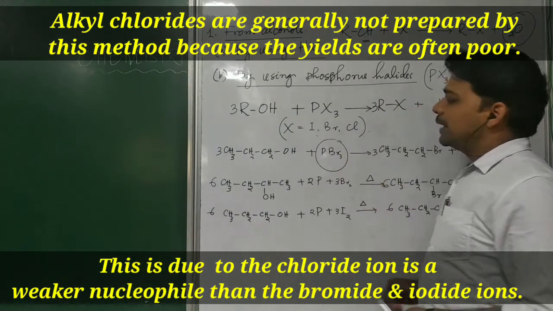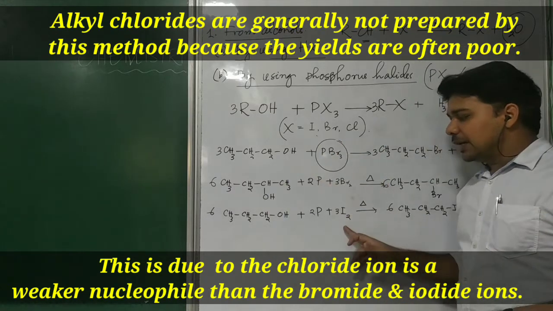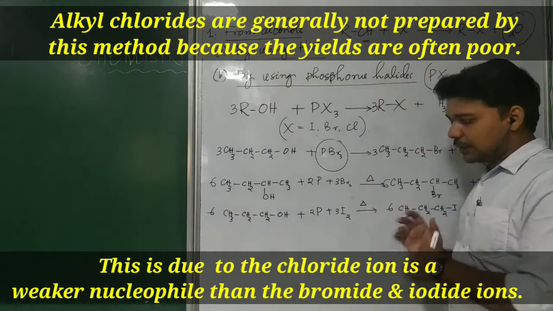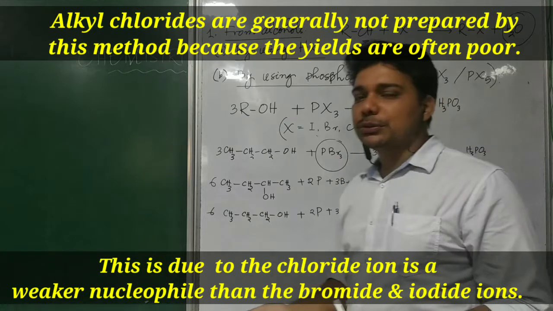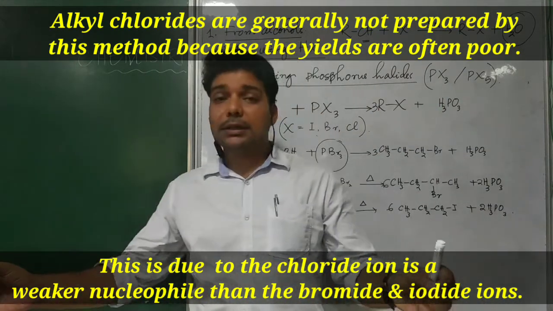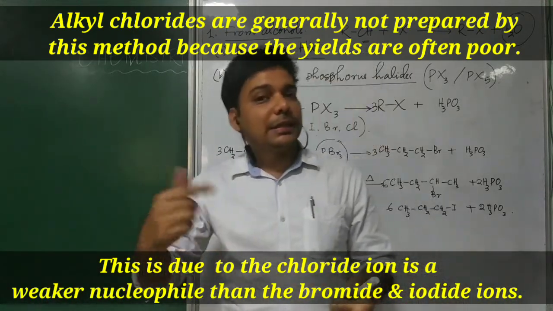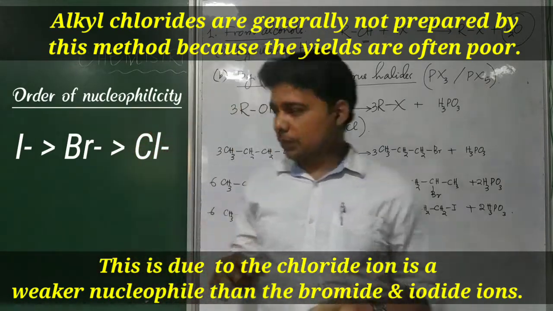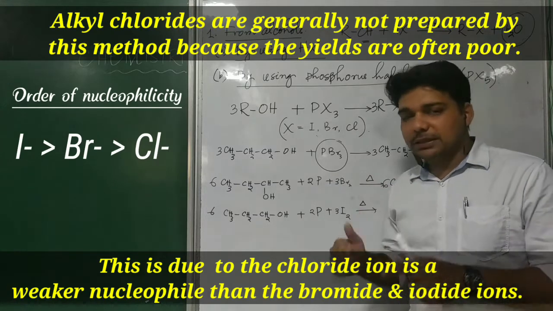When we use PBr3, Br- acts as the nucleophile. When PI3 is used, I- acts as the nucleophile. Later on we will find the mechanism also. When PCl3 is used, Cl- is the nucleophile, and if we compare the relative nucleophilic power, Cl- is the weakest nucleophile among Cl-, Br- and I-. So the yield of this reaction is very poor when PCl3 is used.